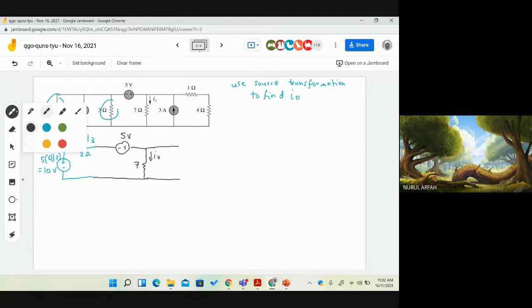Simplify that one first, then this one and this one you can add, and then you do the transformation. Use a different color, otherwise it won't be visible. You can use the undo button, no problem.